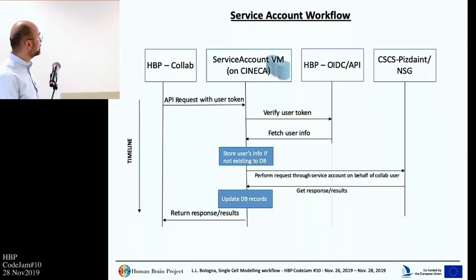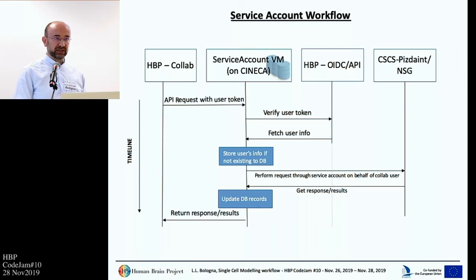If you go just a little bit into the details of the workflow here, we are in the collab, we request with the token, we verify the token thanks to the OIDC system of the collaboratory.